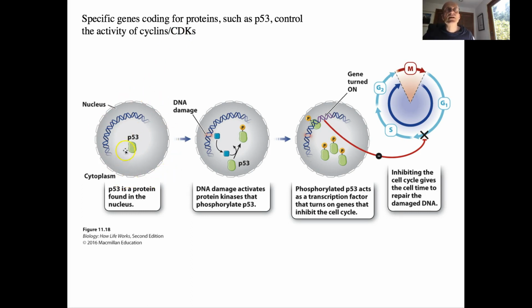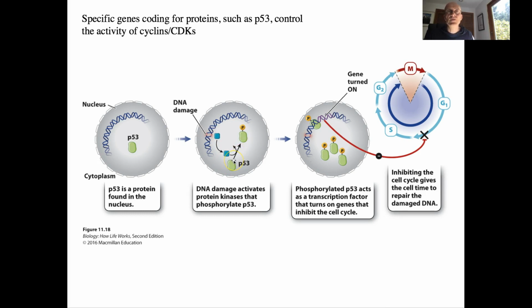Here's our nucleus, here's our DNA, and here's this protein called P53. And it's located in the nucleus. That's where it works. So when DNA damage activates protein kinases that phosphorylate the P53, then here's the DNA damage, then that detection adds the phosphate group.